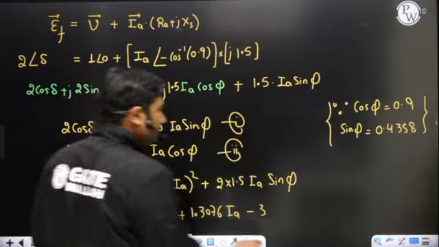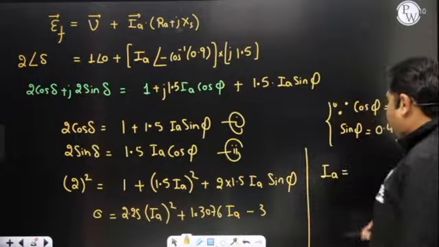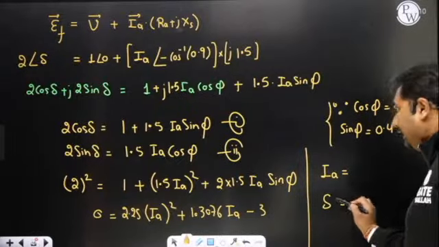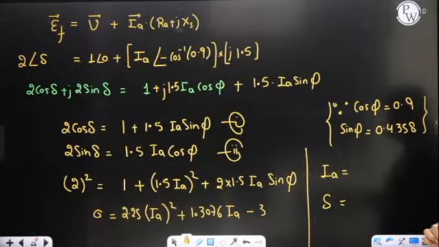Now you can easily calculate the value of armature current. Once you have the armature current, you can calculate the value of delta, either by using equation 1 or equation 2. So let me solve the equation.